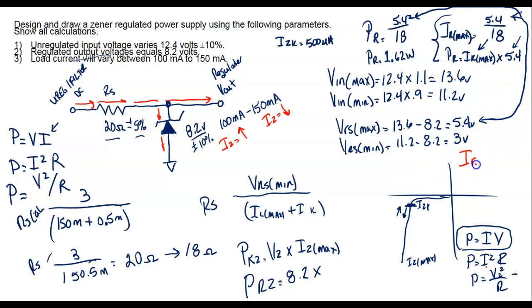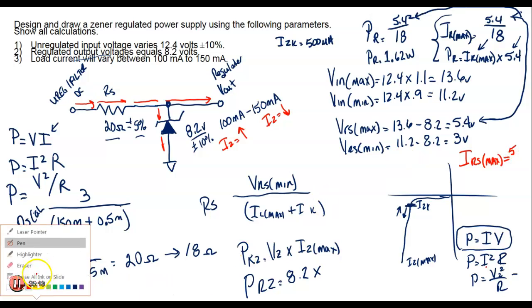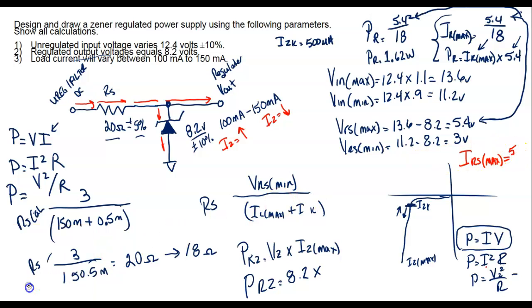So IRS maximum would be when it's dropping the maximum voltage. That's right, 5.4, divided by the size of the resistor.